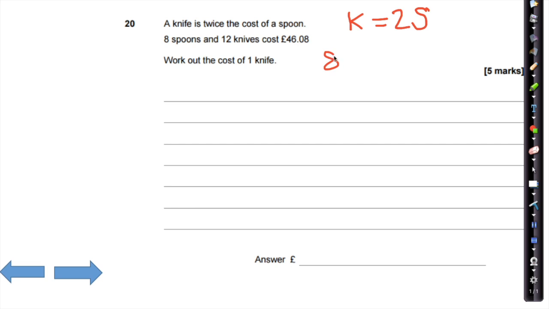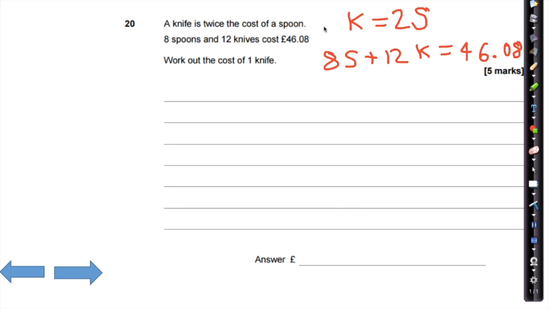So 8 spoons plus 12 knives cost £46 and 8 pence. I'm just going to ignore that pound sign for a second and keep it simple.